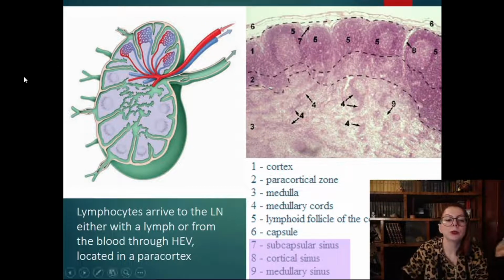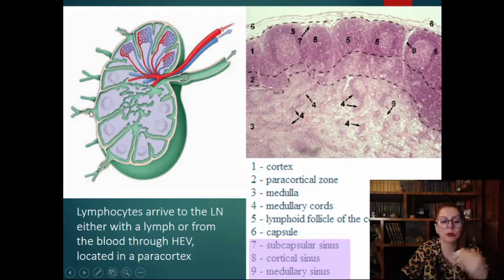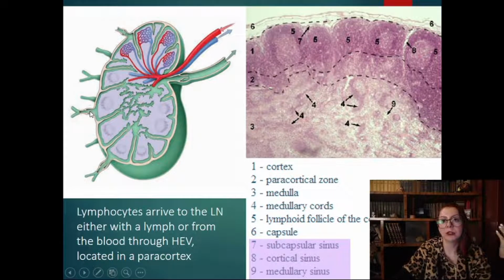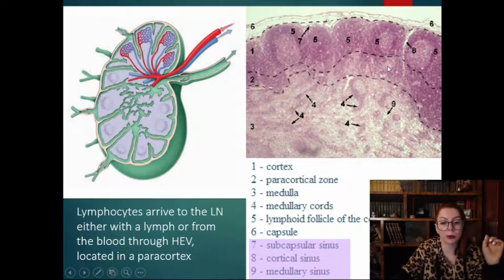First of all, they could be brought with the lymph. As you can see, lymphatic vessels bring lymph to the node, and as we have said, lymph contains lymphocytes and blood plasma. Another way of how T cells arrive to the lymph node is through the high endothelial venules, which are located in the paracortex. So please, pay attention.